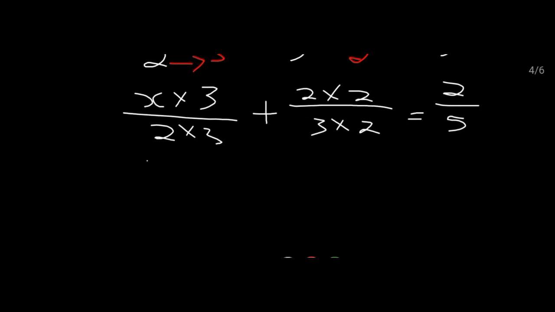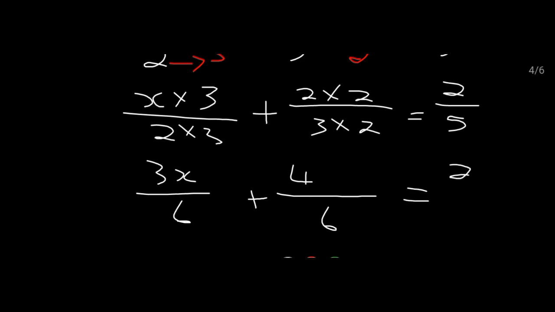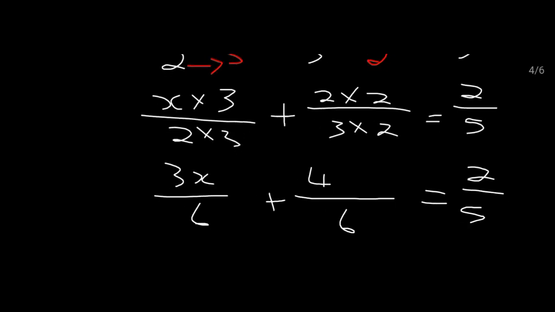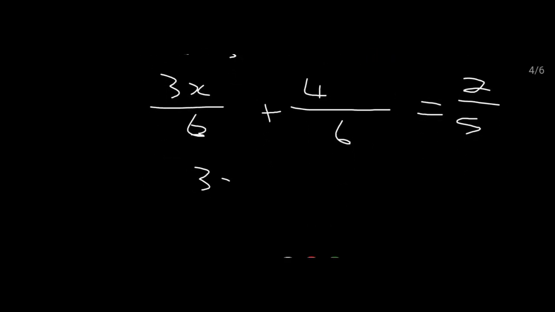So x multiplied by 3 is 3x, 2 multiplied by 3 is 6, plus 2 multiplied by 2 is 4, 3 multiplied by 2 is 6. You can see that we now have a common denominator, so this means we can easily add those fractions together. 3x plus 4 over 6, then 2 over 5.